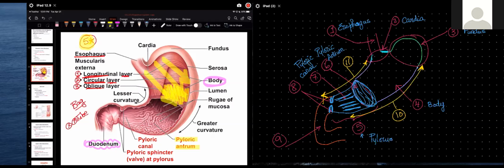We call this the pyloric sphincter, exactly. And what do we call the proximal regions? This C-shaped part of the small intestines is going to be my duodenum.